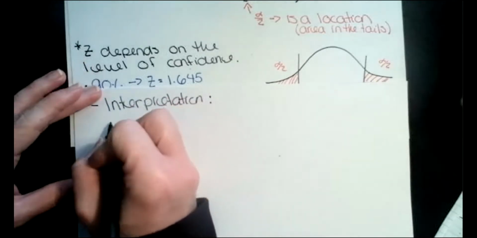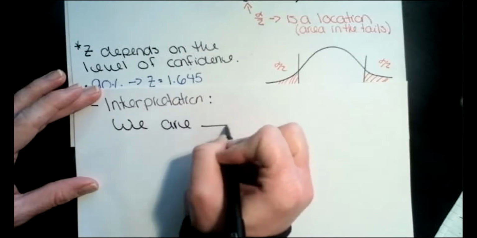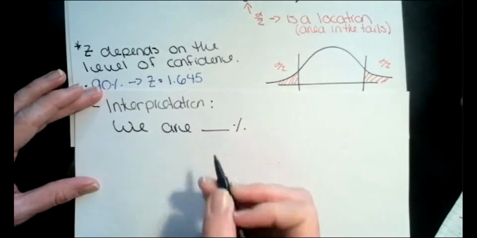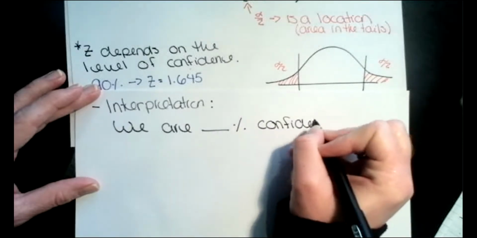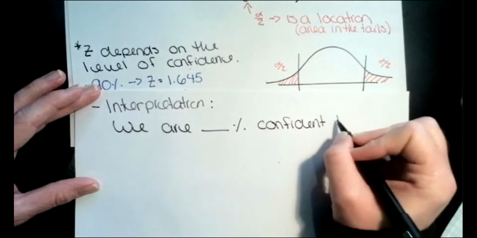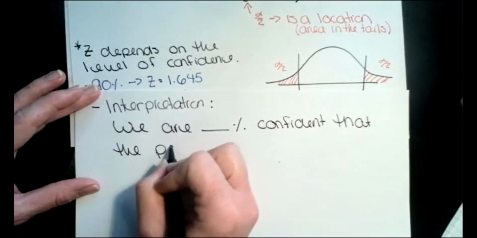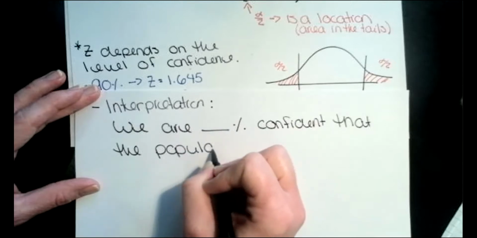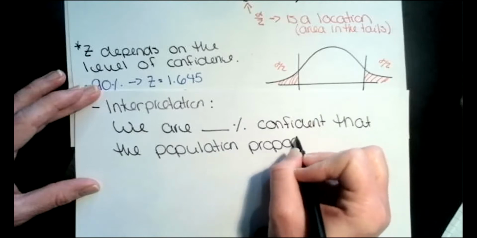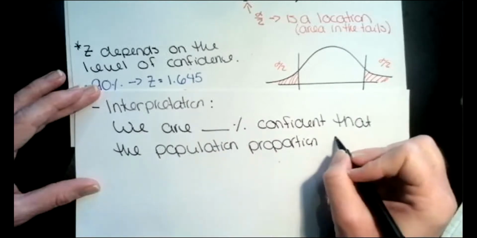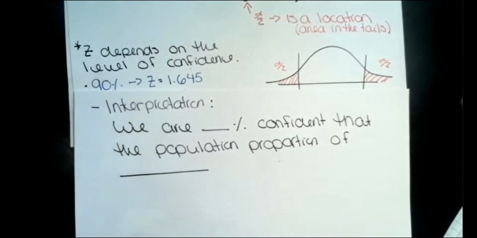The interpretation, and you are welcome to use just my blanket statement, or you may make your own, and that is fine. It doesn't matter. But I generally just say we are blank percent, so you put your confidence level here, confident that the population proportion, that's all we're looking at right now, of, and then you have to have your context.